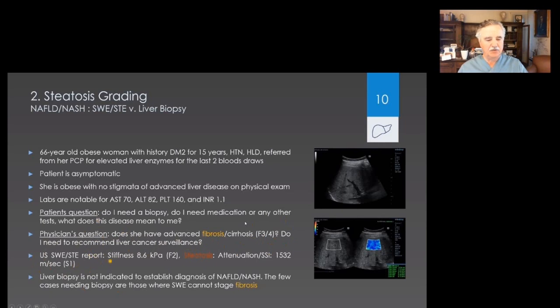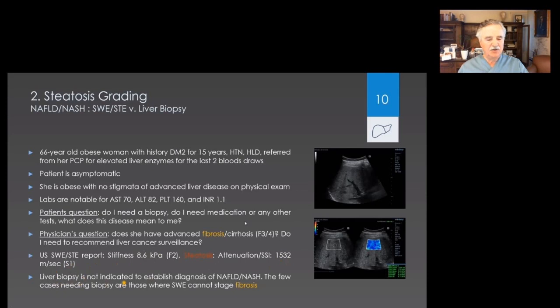The report of the SuperSonic shear wave elastography examination shows 8.6, and using attenuation and SSI, the number is 1,500, meaning low steatosis.